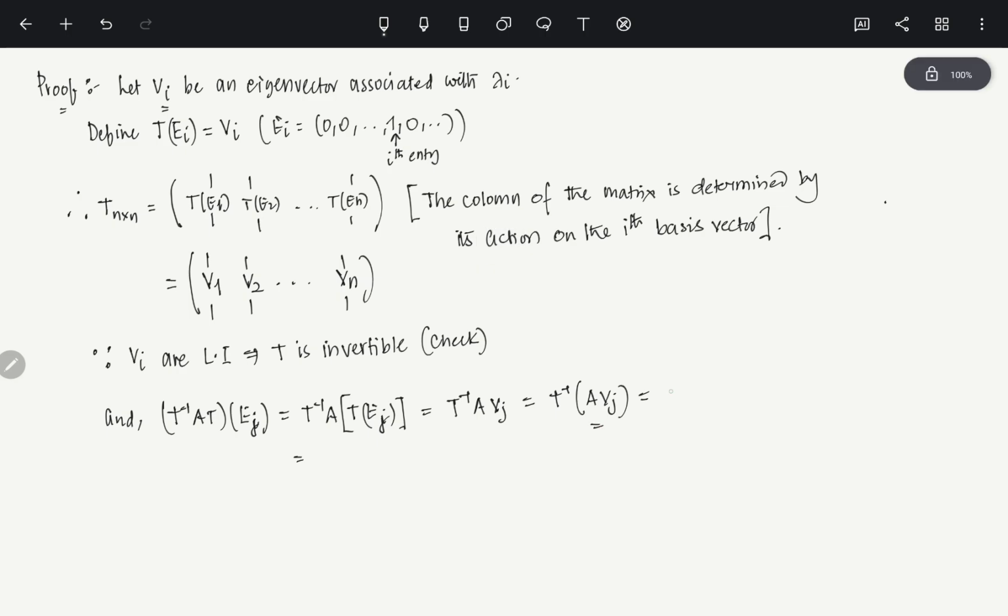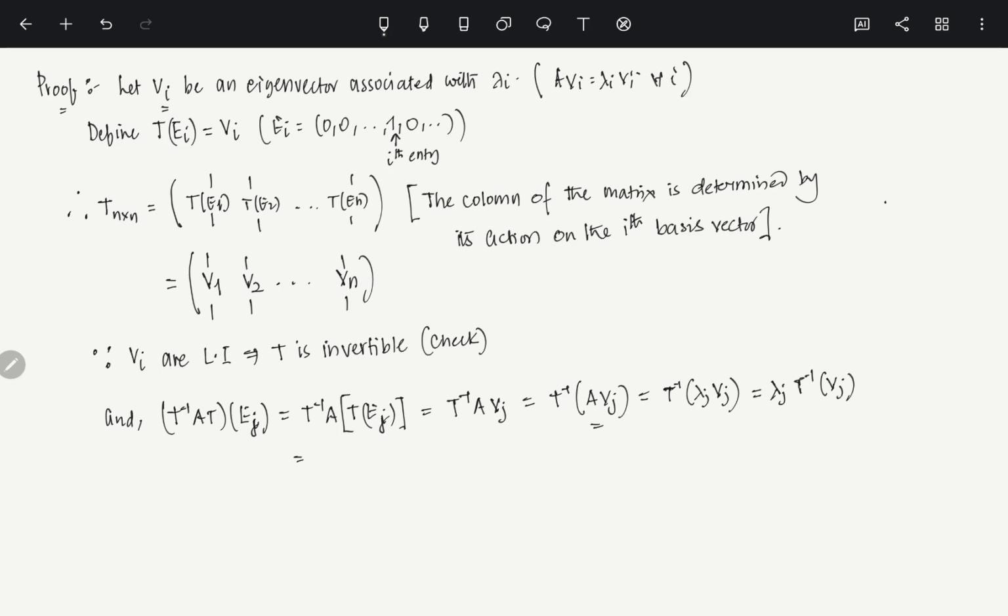So this is nothing but T inverse of lambda J Vj, because since Vi is the eigenvector associated with lambda I, A of Vi is nothing but lambda I Vi. So this holds for all I. Clear? Now T is a linear transformation, which implies T inverse is also a linear transformation. So I can take this lambda J, that's a constant, a scalar, out, and then I have lambda J T inverse of Vj.